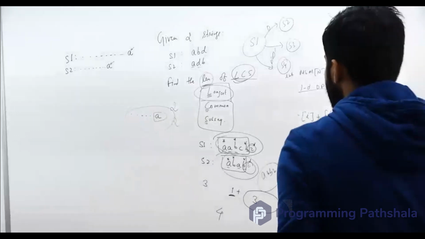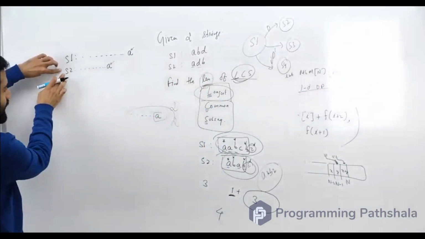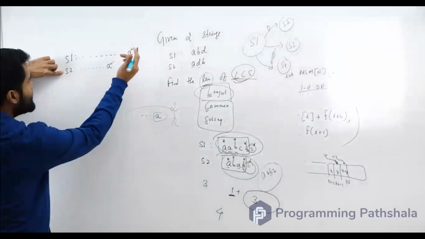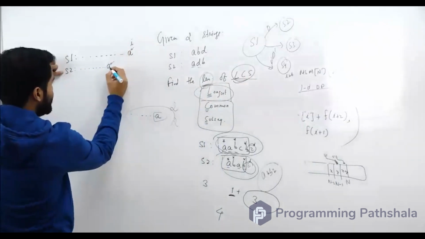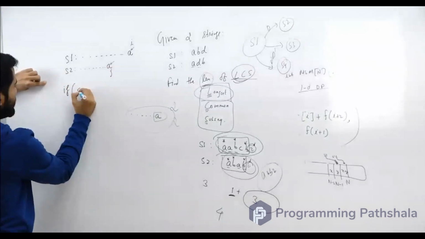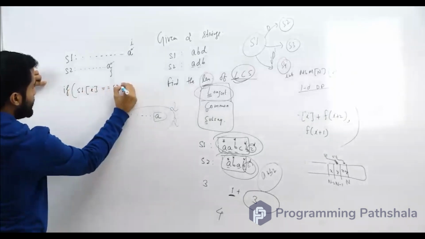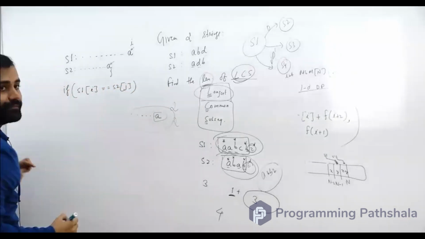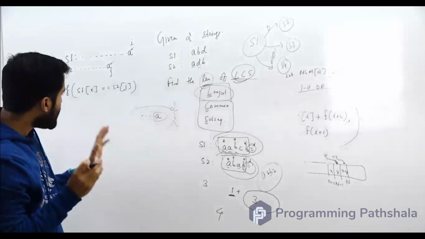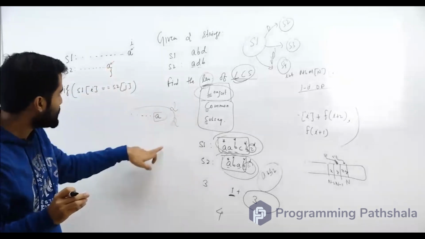So my intention is to say that if I have a string S1 and a string S2, let's say its last character is at index I, and the last character here is at index J. Now, if there is a situation where S1 of I equals S2 of J, it means for sure this last character will be there in my actual LCS.